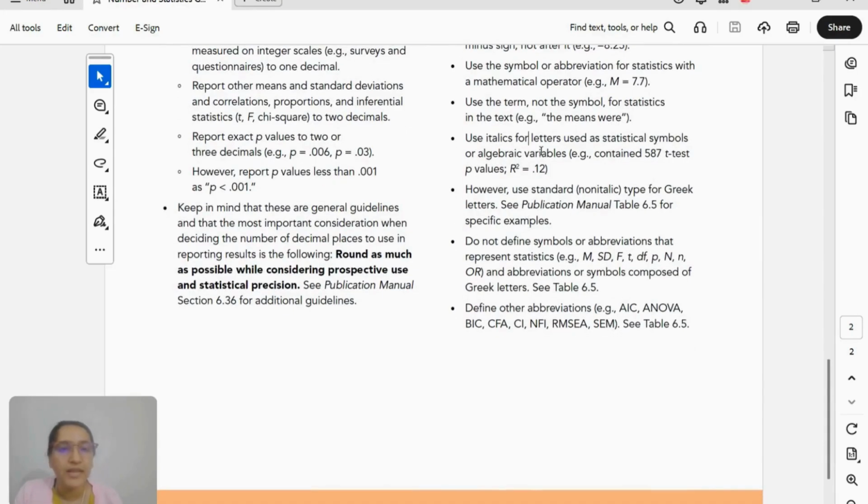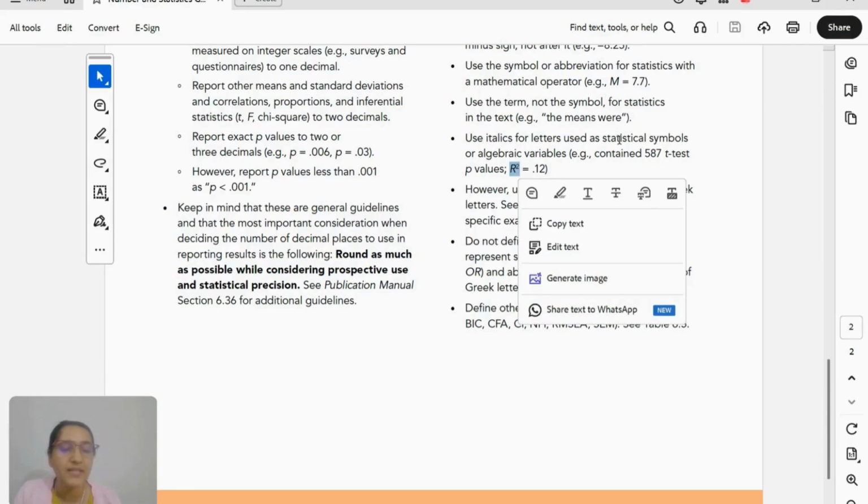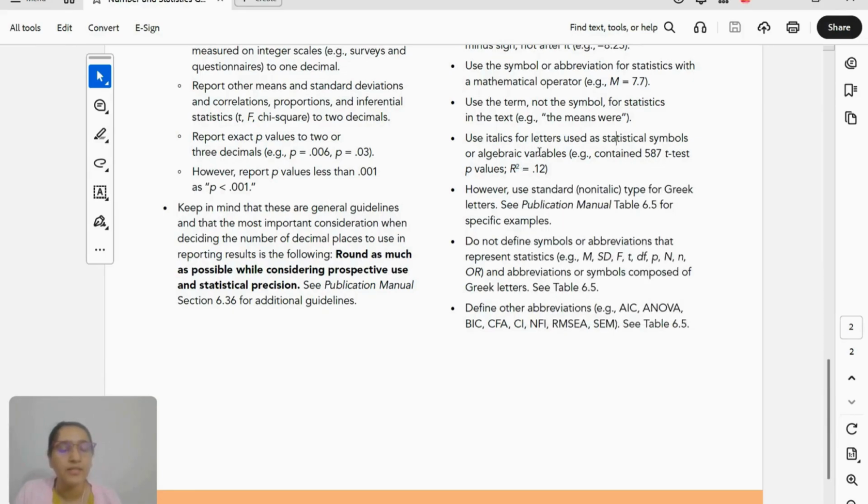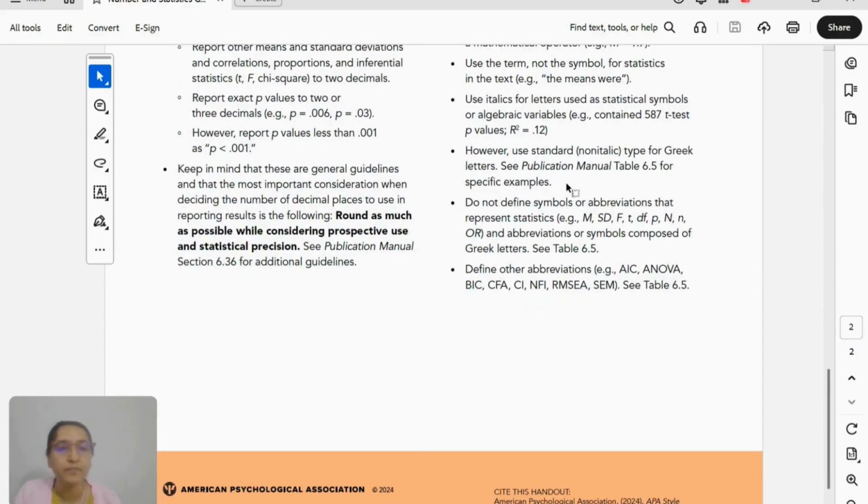And then use italics for letters used as statistical symbols or algebraic variables. For example, here you can see the P is italicized, R square is italicized, and T is italicized. So the statistical symbols, those letters, should be italicized.